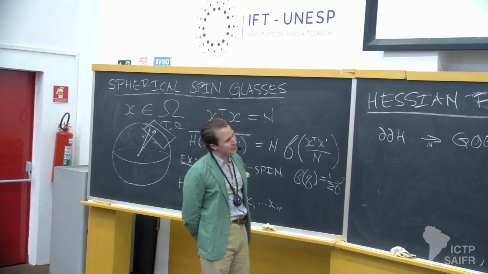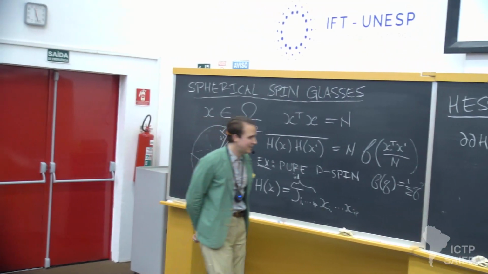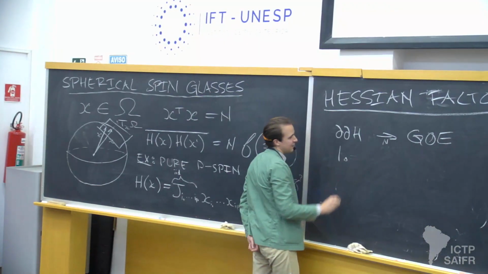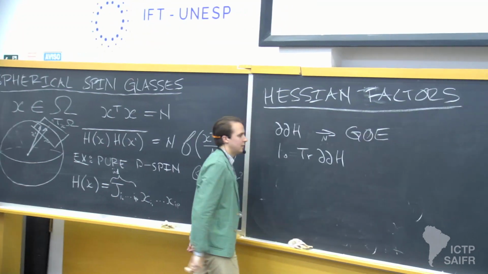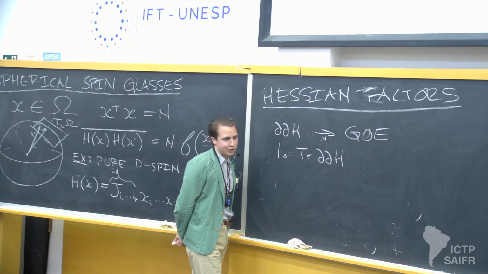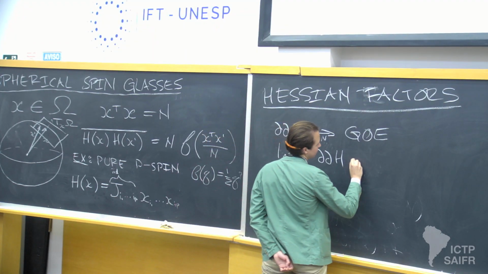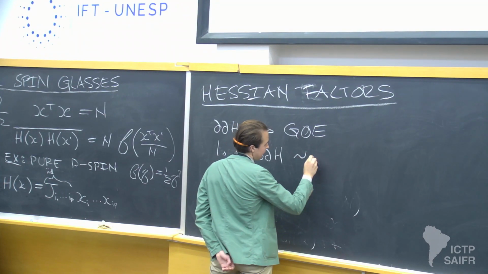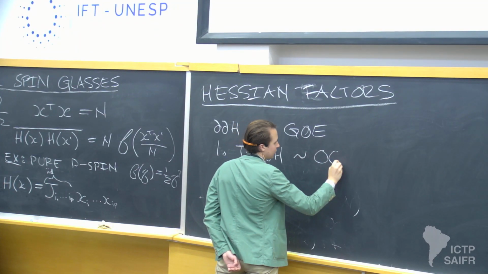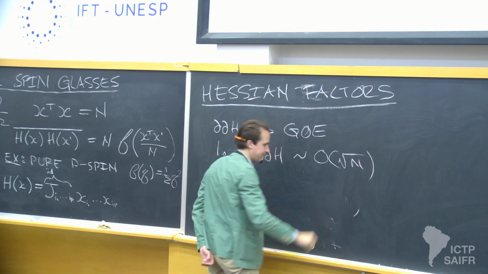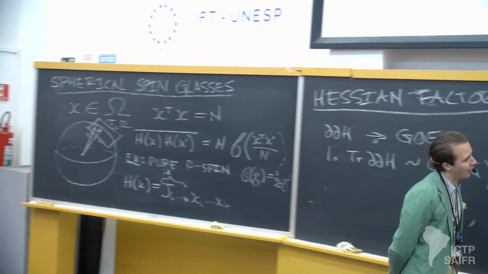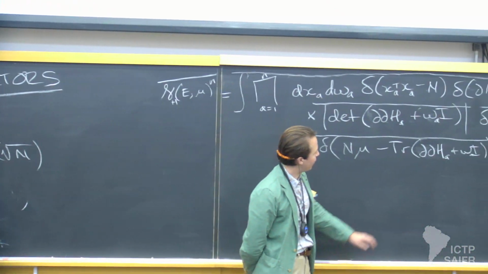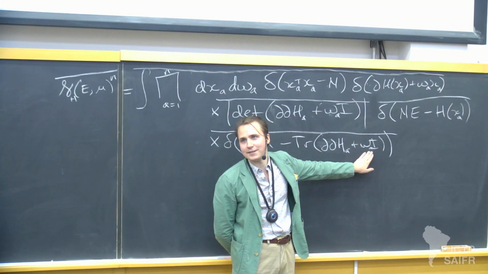So this teaches us two things which will be very nice for us. One is that the trace of this thing, just the double derivative, not the Hessian, will be typically order root n. Smaller by an asymptotic amount than the contribution from the trace of the identity here in this delta function.